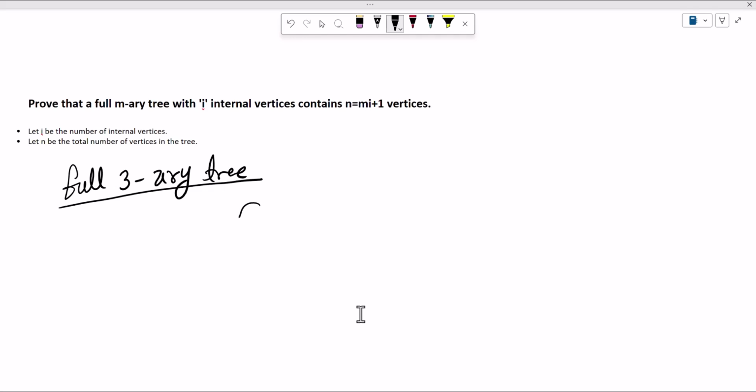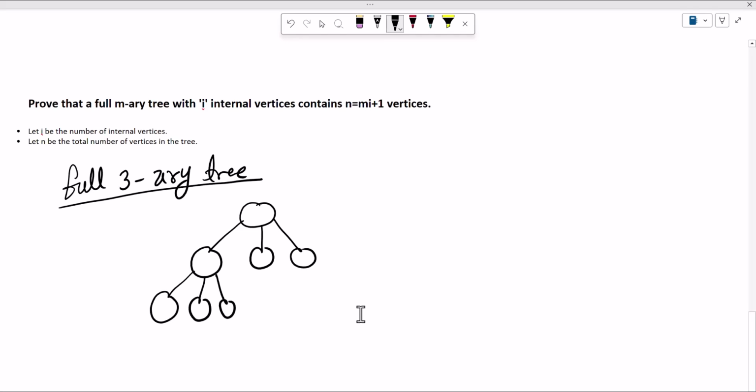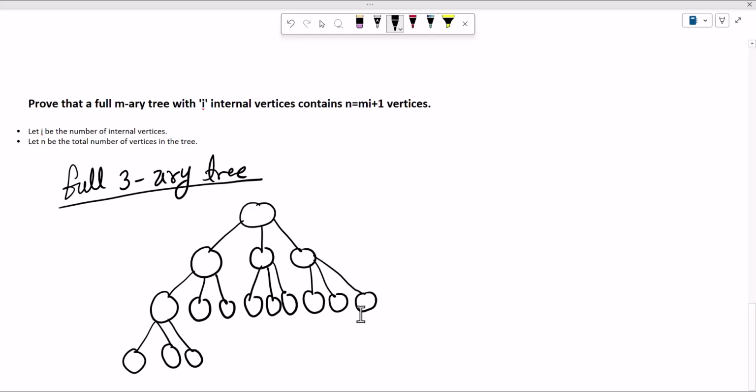One root node, and these 3 are the children. So this is a full 3-ary tree. Let us prove that n equals m into I plus 1.